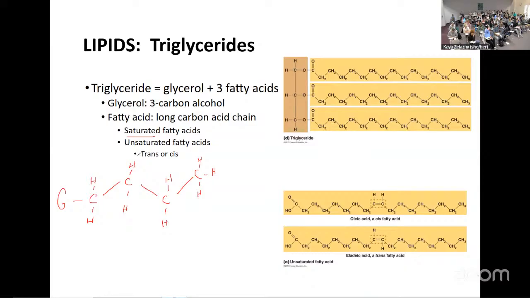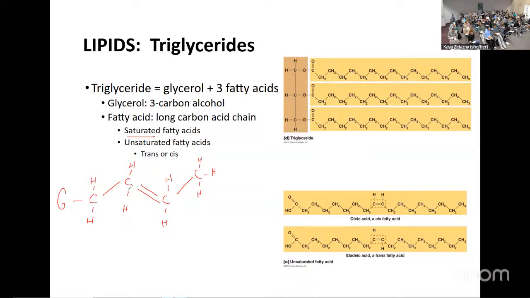Now, an unsaturated fatty acid. Unsaturated meaning it could hold more hydrogen and it's not. It's going to be unsaturated because we're going to see a double bond somewhere in the chain between two of the carbons. Carbon can only have 4 bonds, but you'll notice the problem.